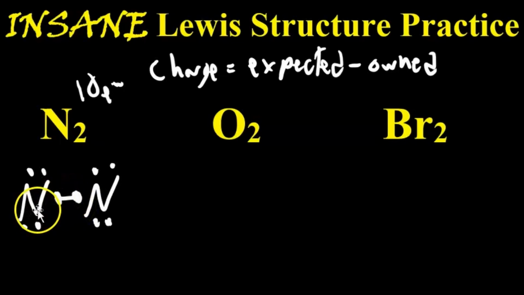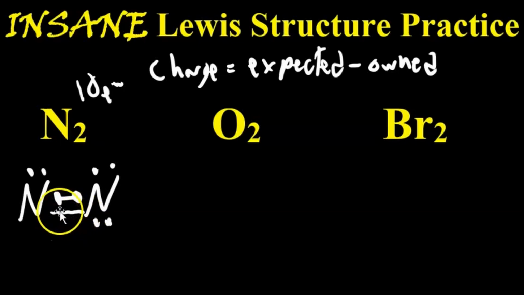And now our last step is the central atom. For carbon or nitrogen as central atoms, we want them to obey the octet rule. Here, we don't obey the octet rule because there are only 6 electrons associated with this nitrogen, and the same with the other one. There needs to be 8. So what we're going to do is move electrons. We're going to take these 2 electrons down here and move them in to make a double bond.